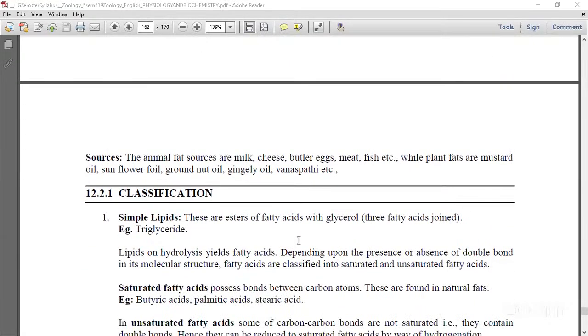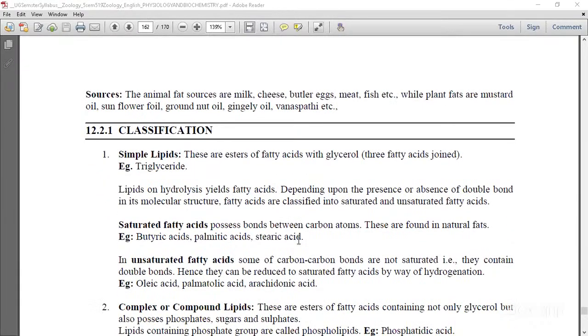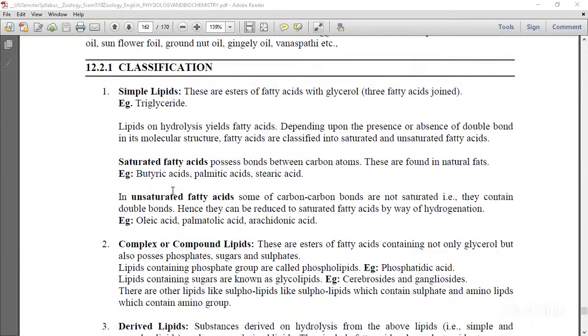When coming to the classification, as we just discussed, these are the esters of fatty acids. Here we have simple lipids, and complex and compound lipids, which have phosphorus and sulfur, and based upon that we classify them.